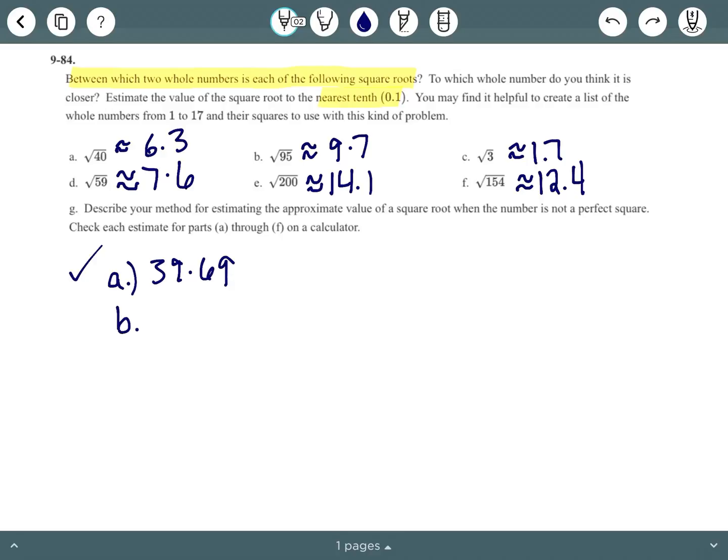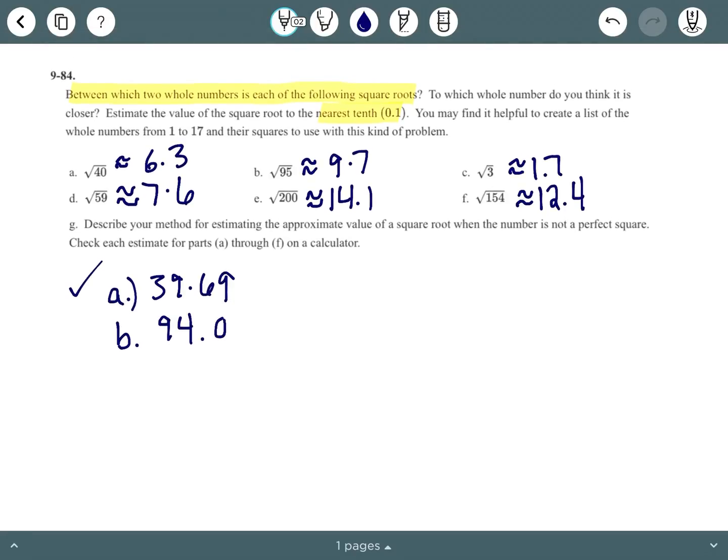All right, B, we made an estimate of 9.7. So to check that, we're going to do 9.7 squared, enter into our calculator, and that gives us a number of 94.09, which is really quite close to the square root of 95.